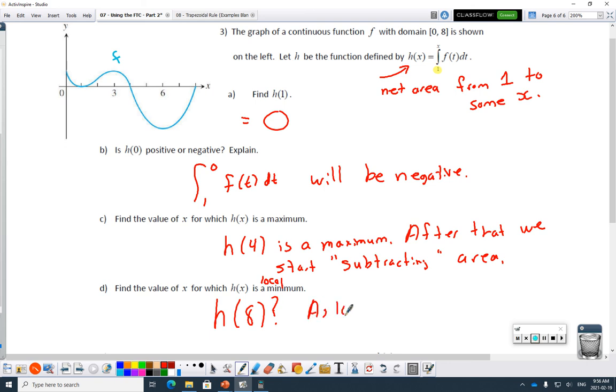As long as after h at 8 is positive. Oh boy, folks, I'm not warming up to hammer you with that on a test or an assignment. That's not really my intention here. But I do mention that we're not really sure that that's a minimum.